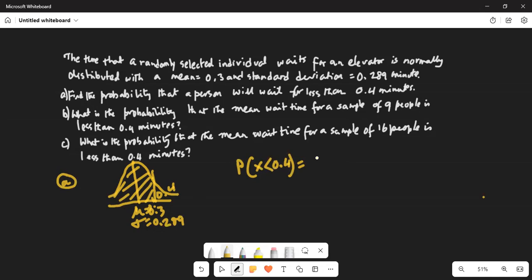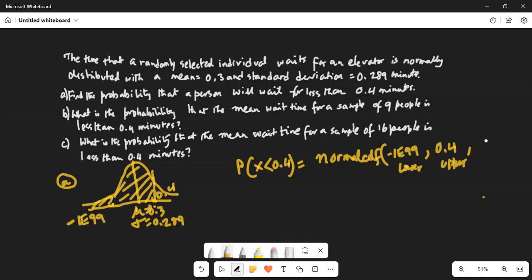I will use the normal CDF function, which stands for normal cumulative distribution function. For the lower boundary, I will start with a very large negative number, minus 1E99, on the left. So minus 1E99 is my lower, my upper is 0.4, my mean is 0.3, and my standard deviation, sigma, is 0.289.